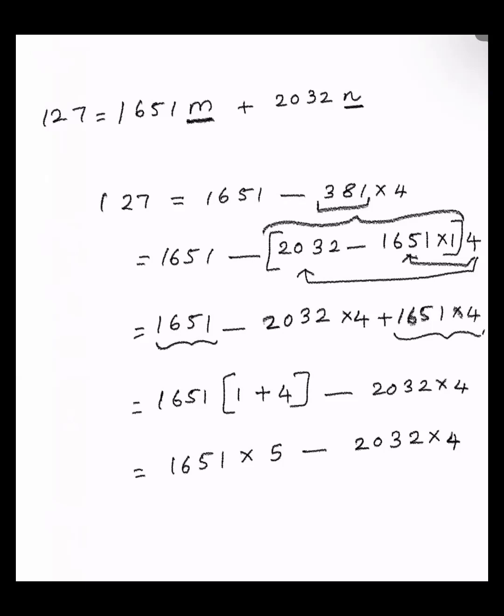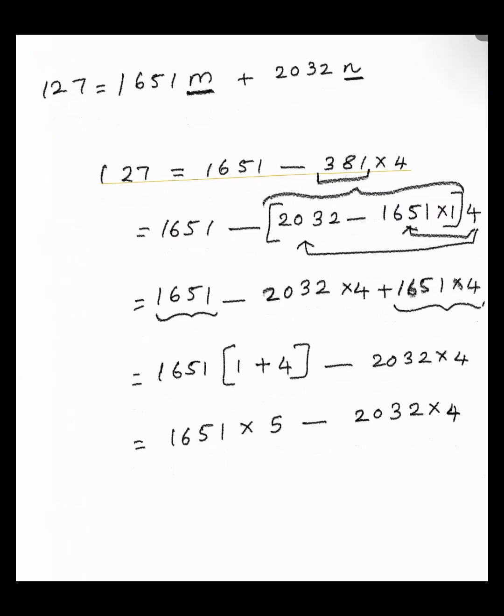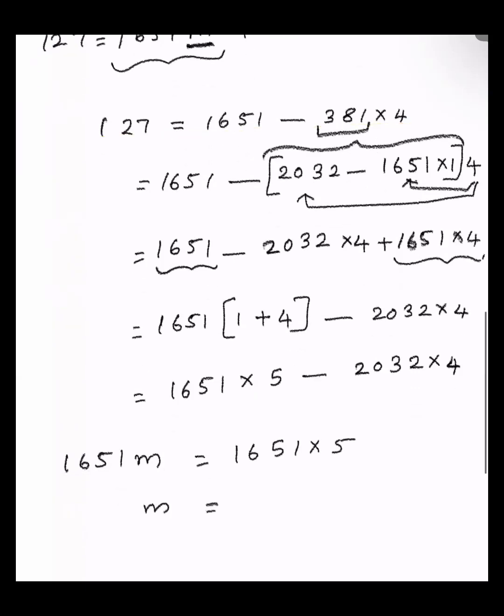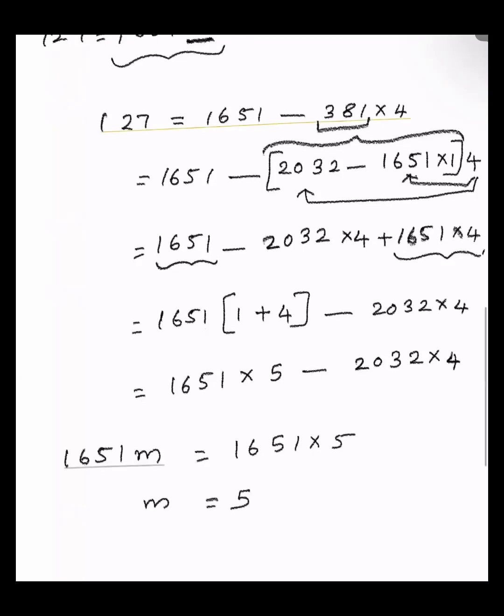See here, my equation is 1651m. So I am equating 1651m to 1651 into 5. So what is the value of m here? m becomes 5. Okay, now the second part is 2032n.